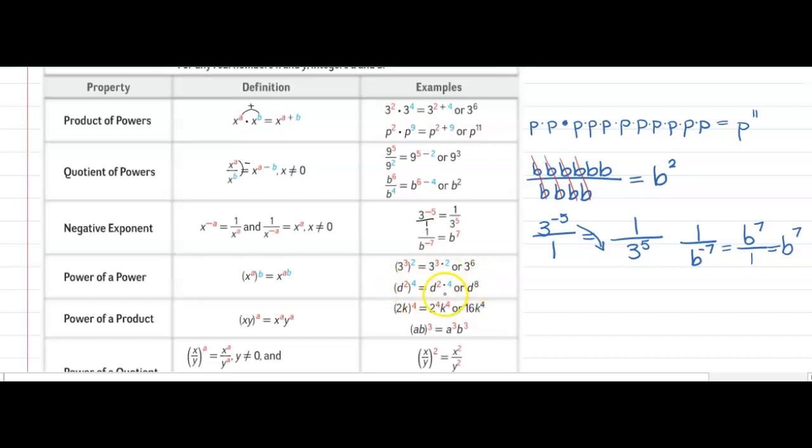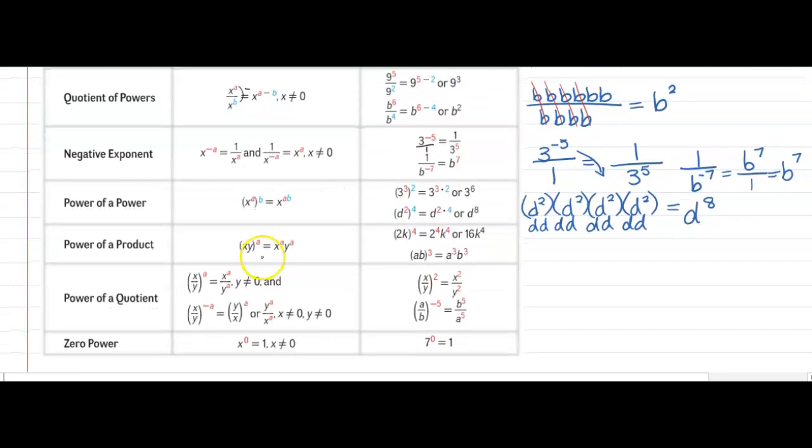You just multiply. A way to think of that visually, D squared to the 4th means D squared times D squared times D squared times D squared, 4 times, which would be D, D, D, D, D, D, D, D, which gives us 8 Ds.